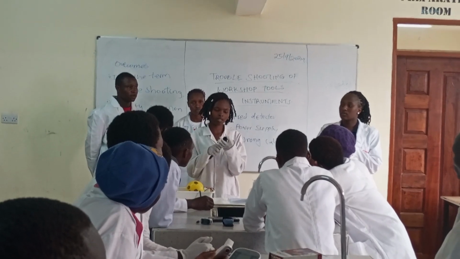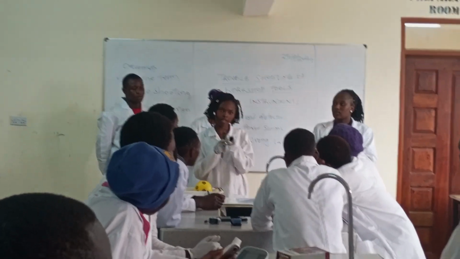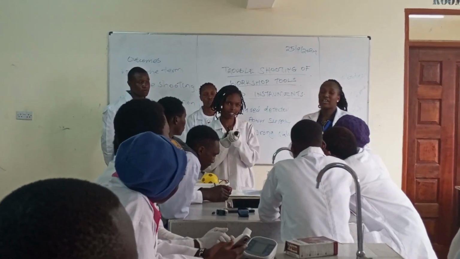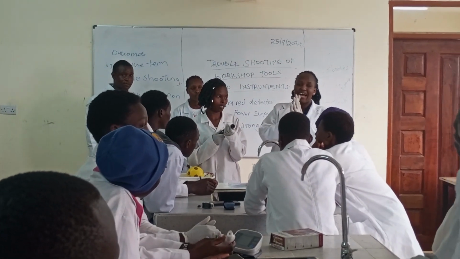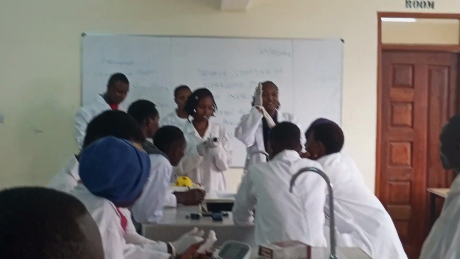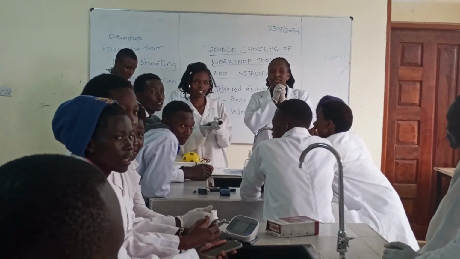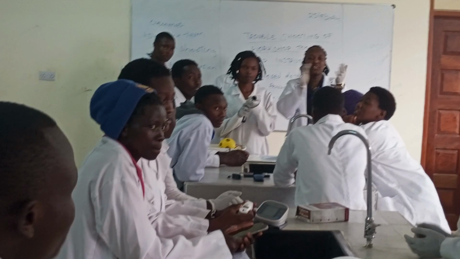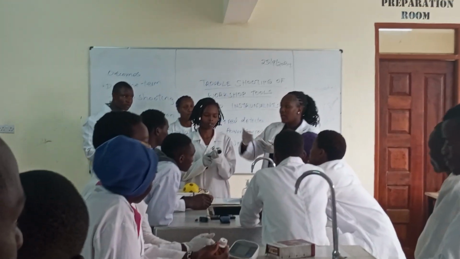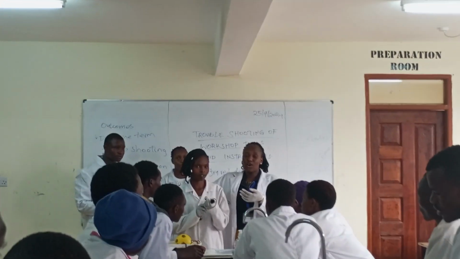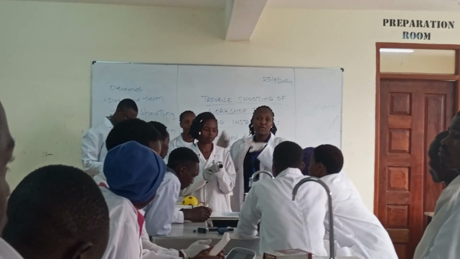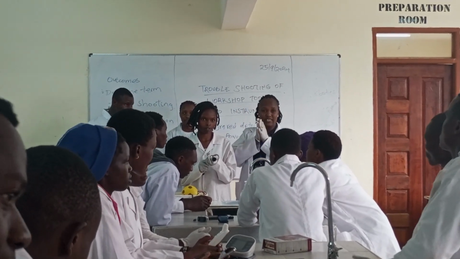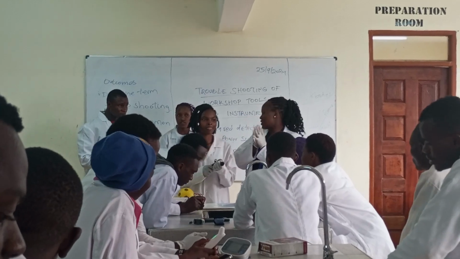The reason being, the rubber has a wear and tear. What do we mean by the rubber has a wear and tear? Valentine? The threads are worn out. Yeah, the threads are worn out, so it cannot fit the ear of the patient well. And what is the remedy for that fault? Replace. Okay? You replace. Thank you.